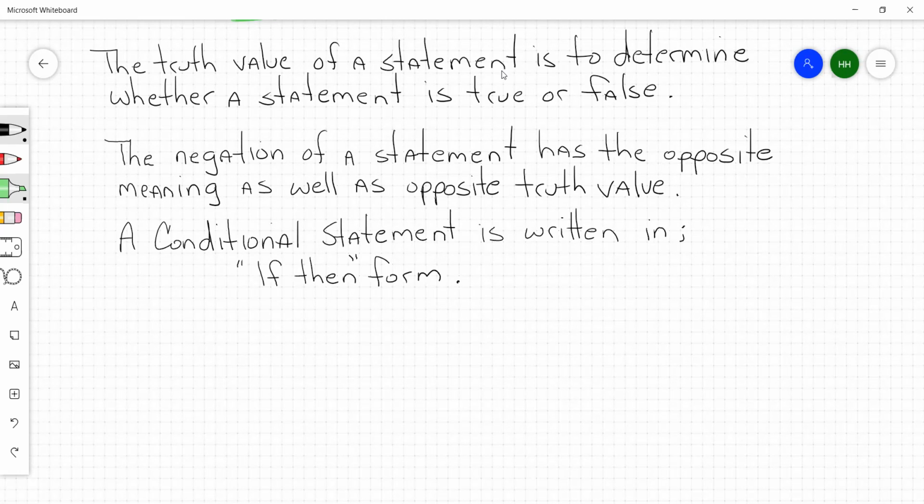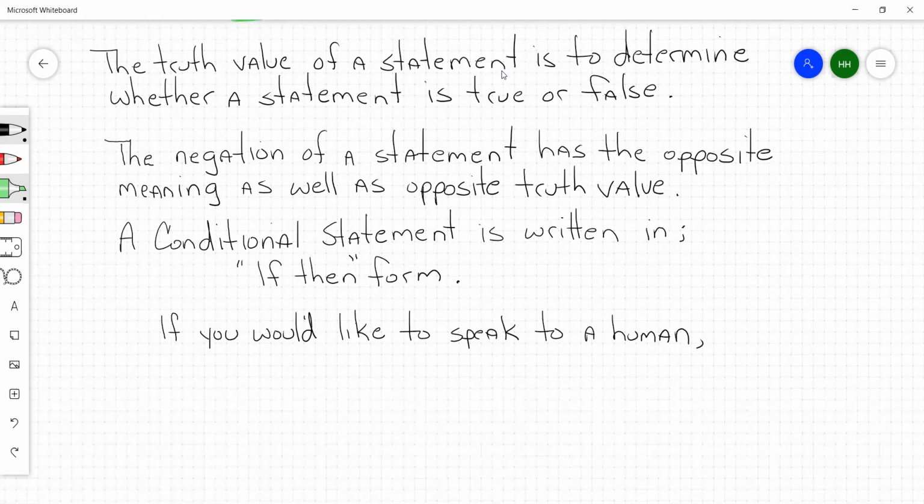Example would be: if you would like to speak to a human, then press 1. That's a conditional statement. It's in if-then form. If something, then something else. In this case, if you would like to speak to a human, then press 1.